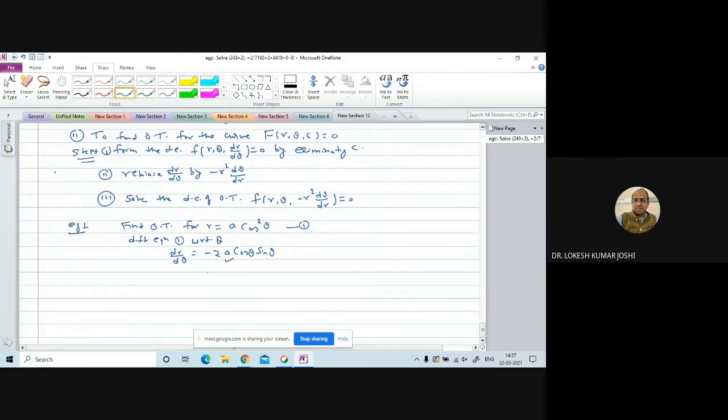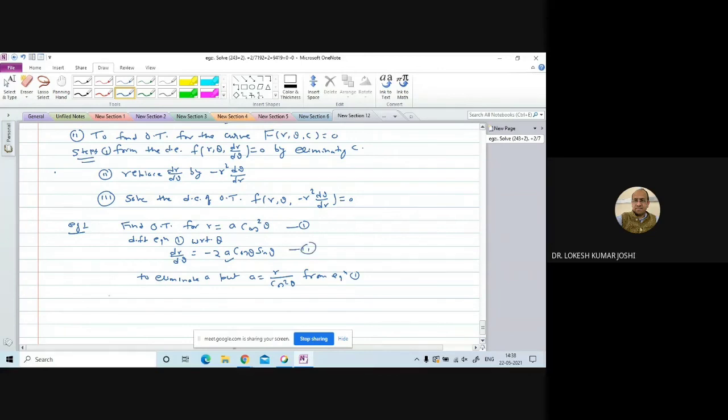We have to eliminate this a. To eliminate a, we take help of equation 1: put a equals r upon cos square theta from equation 1. Say this is equation number 2.